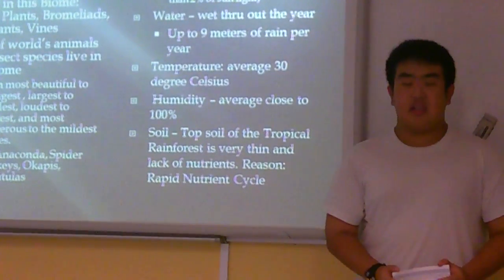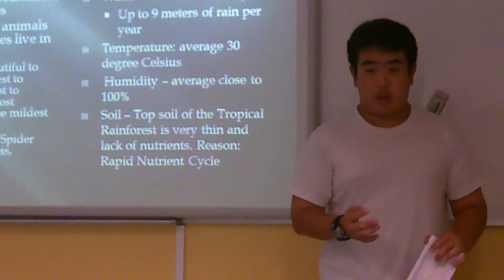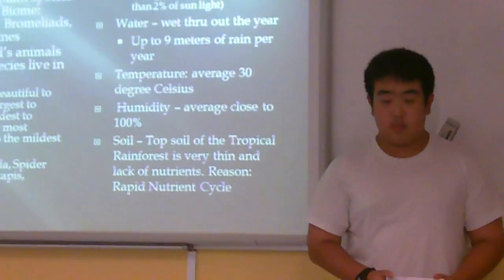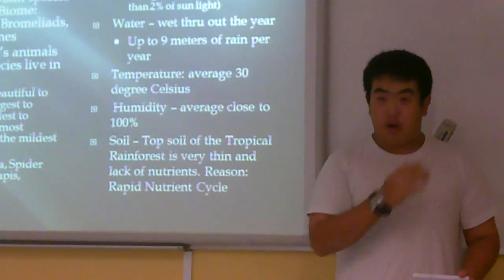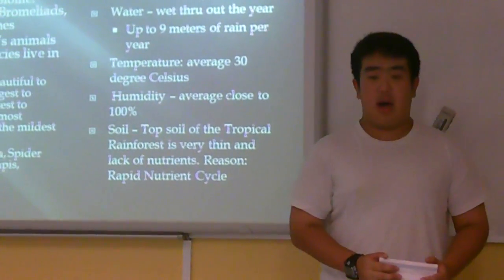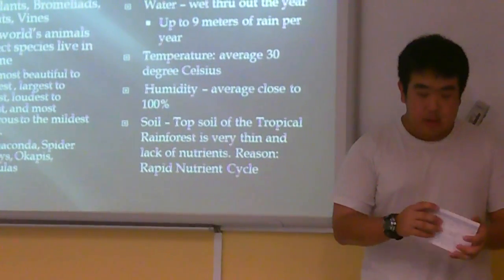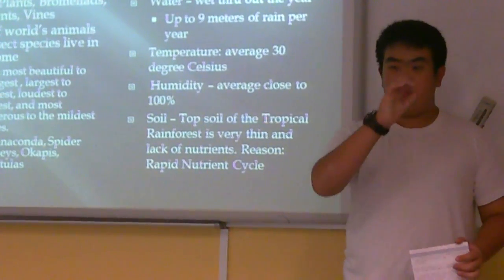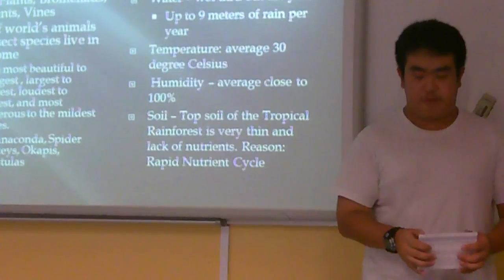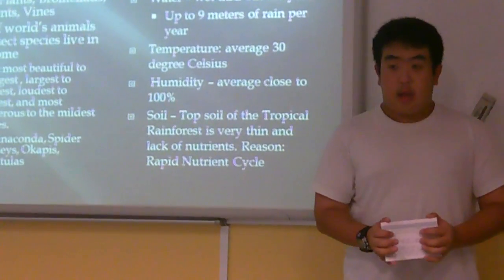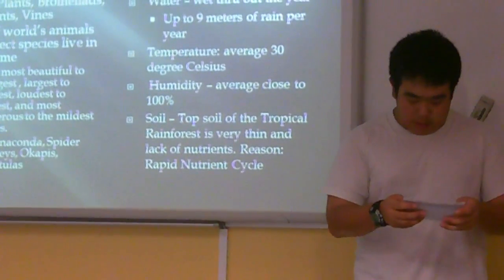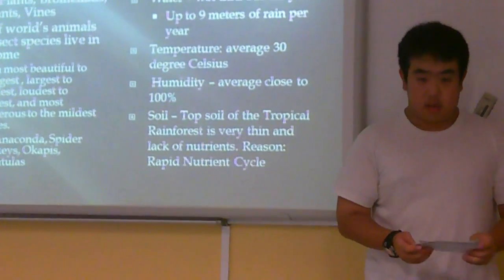Temperature is between 20 to 40 degrees Celsius, and humidity is rising to about 100%. And the soil consists of only the top soil of the forest floor. And it has less nutrients because of rapid nutrient cycle.